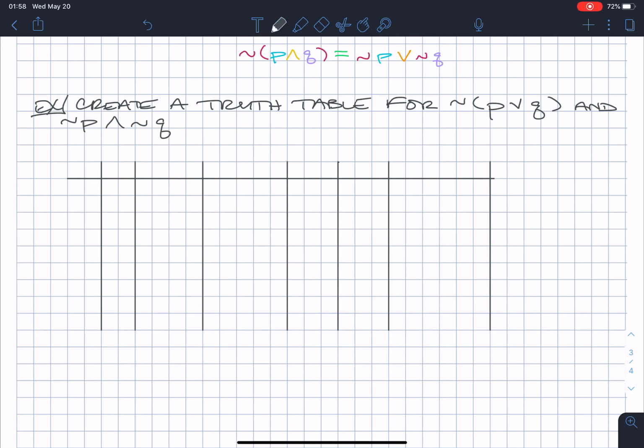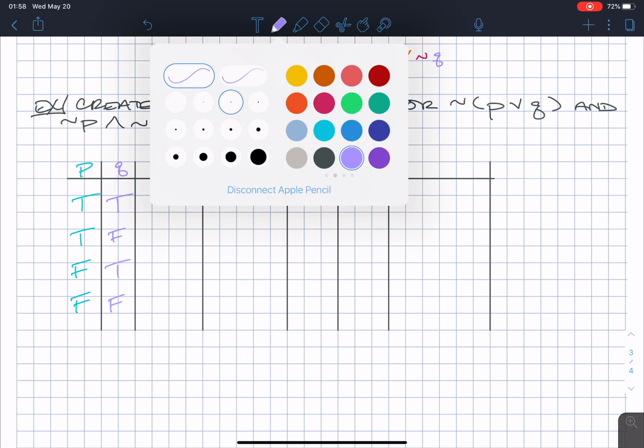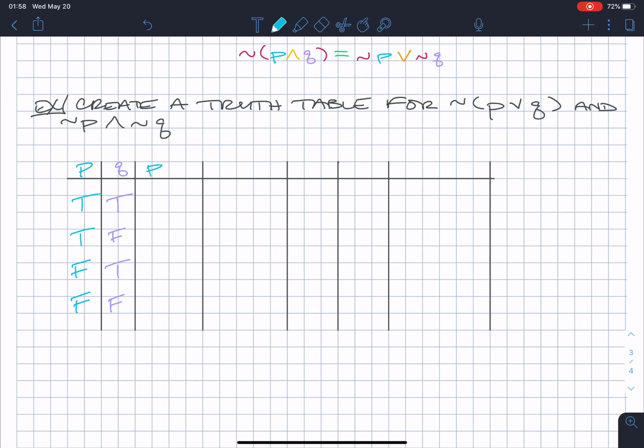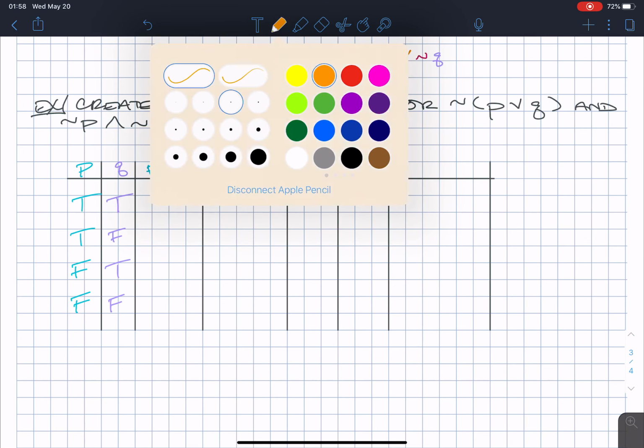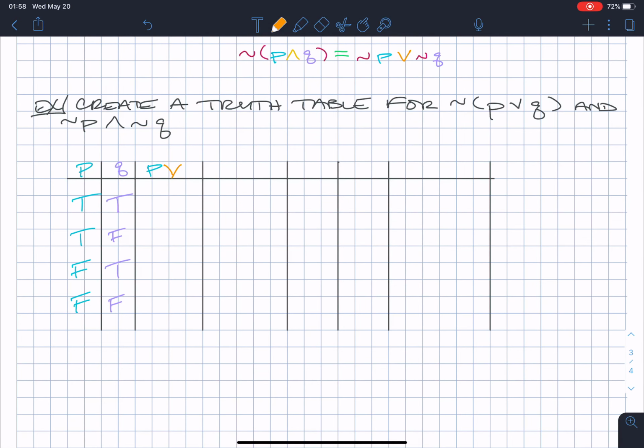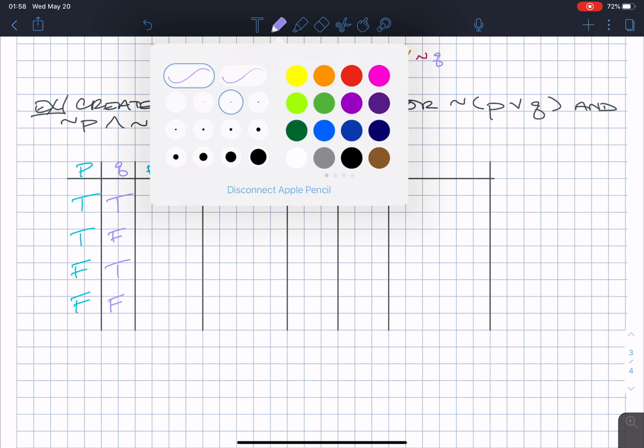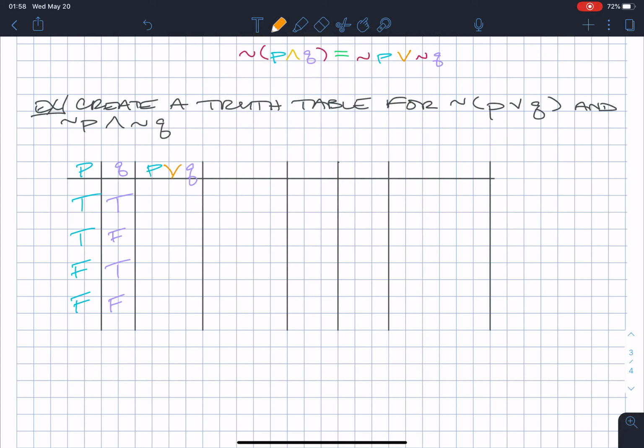Okay, so let's see. What do we have first? P, of course, is always true, true, false, false. And then Q alternates true, false, true, false. So now I want to do P or Q. Either one has to be true.